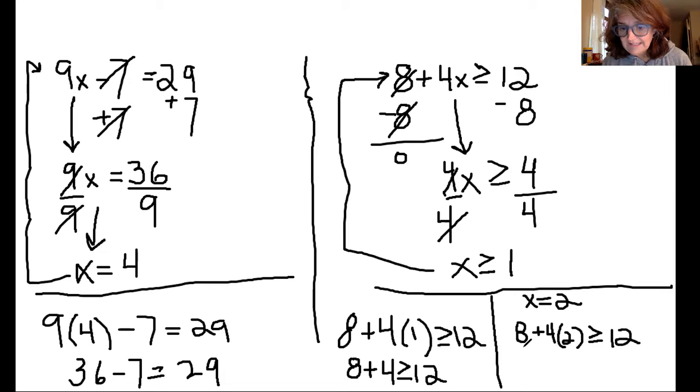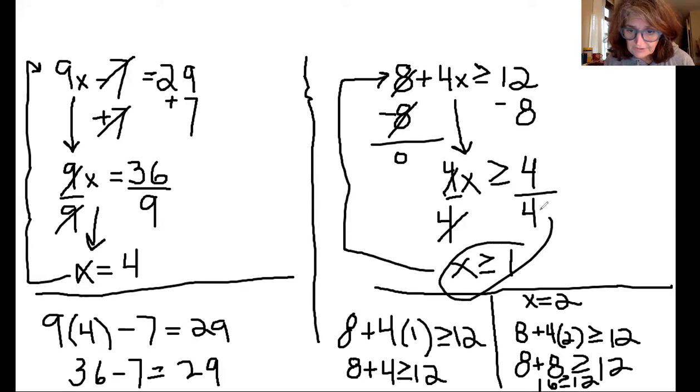And here we have 8 plus 4 times 2, also 8. 8 plus 8 is greater than or equal to 12. And 8 plus 8 is 16. And we know that 16 is greater than or equal to 12. So this is our answer here. Oopsie, and this is our answer here. Okay?